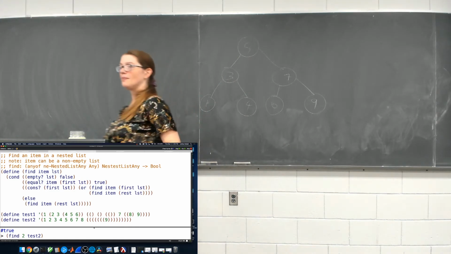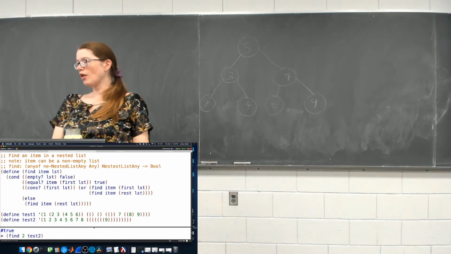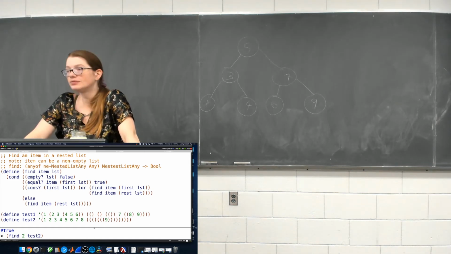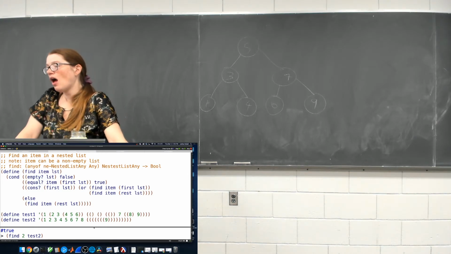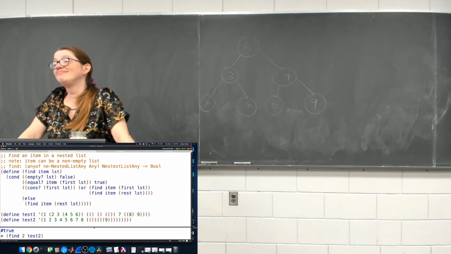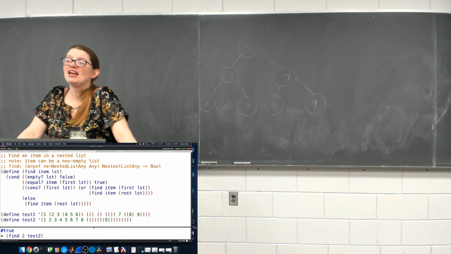Yeah? Would it matter if instead of cons predicate we use list predicate? Because technically we are testing for empty in the first case. You could. It wouldn't matter. It has no impact on it because you're right.